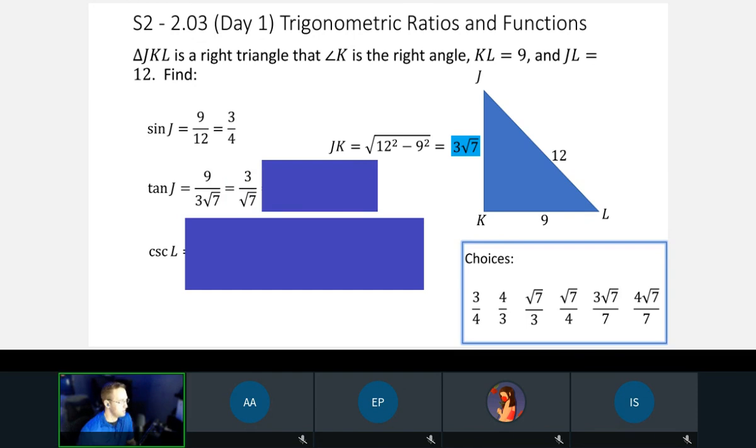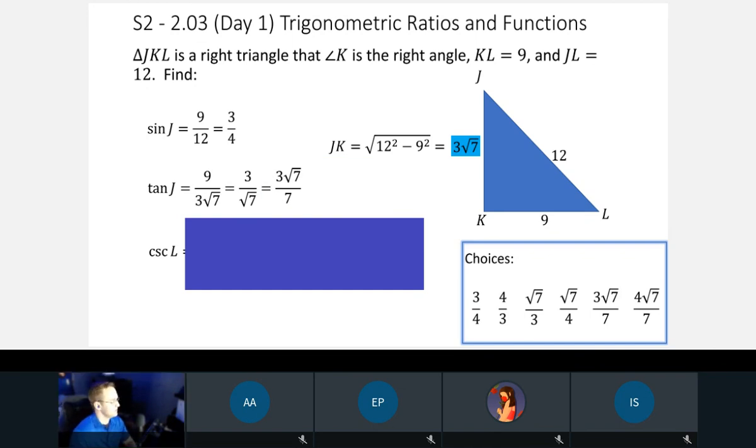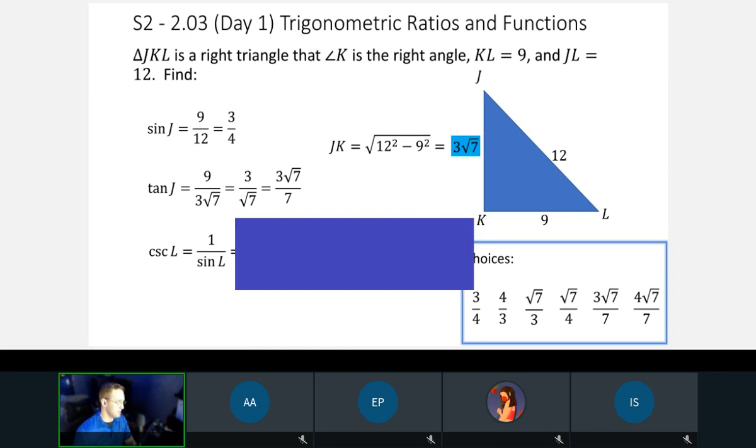And then you have to rationalize by multiplying top and bottom by rad 7. And then that's how you get 3 rad 7 over 7. And then cosecant. So there's, I guess, 2 ways to approach it, how I talked about on the previous page, or knowing that cosecant is the same thing as 1 divided by sine, right? It's on your identity sheet.